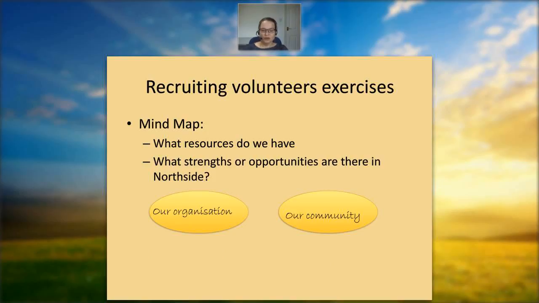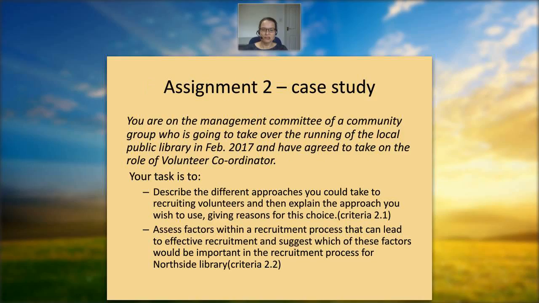What strengths or opportunities are there in your community? And our community for assignment 2 is a village called Northside, which I'll talk more about later. So if you haven't already, have a go at the mind map exercise, as that might help you in your preparation for assignment 2.